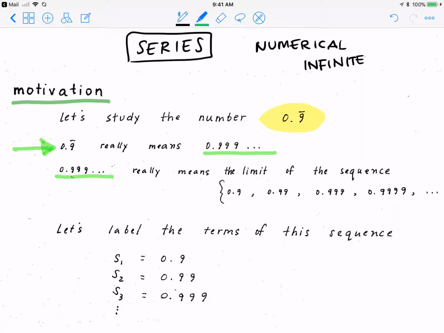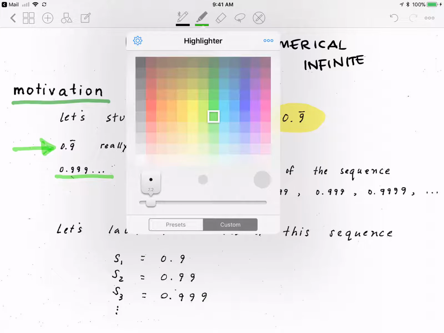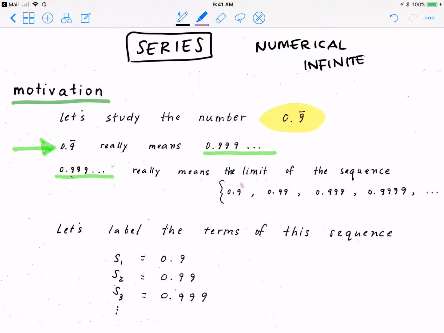So in terms of limits, 0.999 repeating really means the limit of this sequence right here. The first term in this sequence would be 0.9, okay? Then 0.99. And each time we add another decimal place, we're getting closer to what we mean by 0.9 repeating, right?